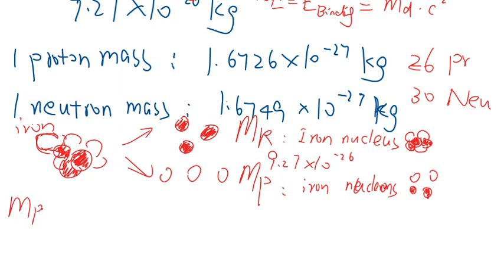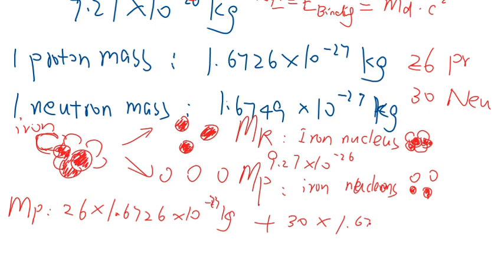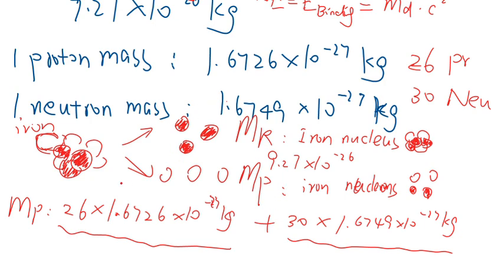The M products is going to be 26 protons times 1 proton mass times 10 to the power of negative 27 kg plus 30 times 1.6749 times. So this is going to be the mass of all the protons, and this is going to be the mass of all the neutrons. And then we want to use our calculator to calculate it. We have to use a calculator to calculate it.